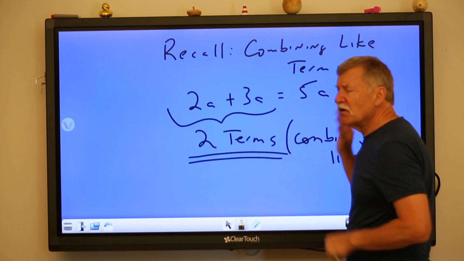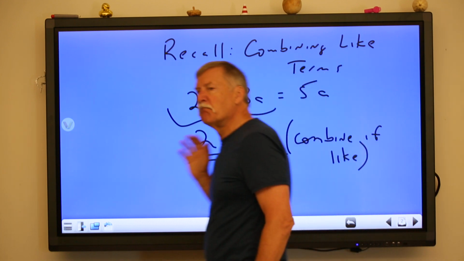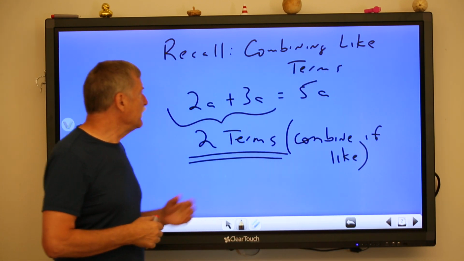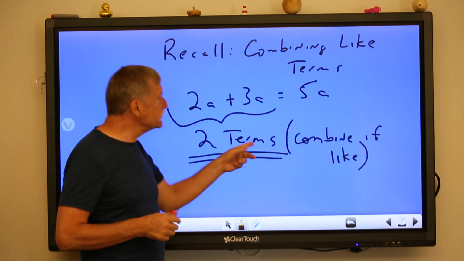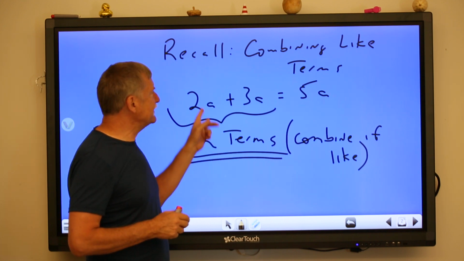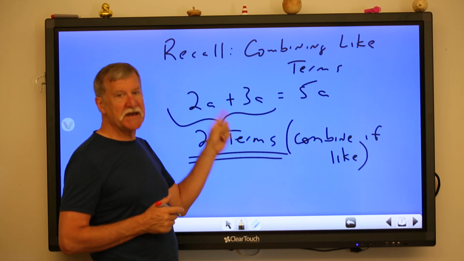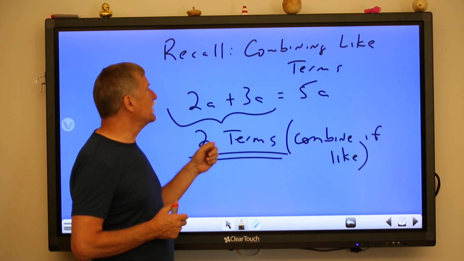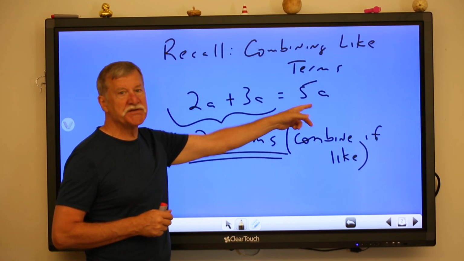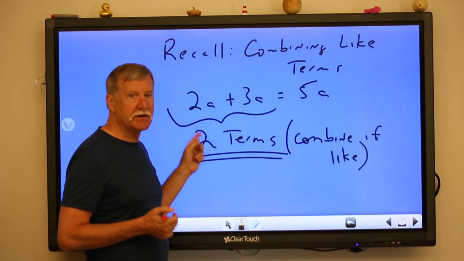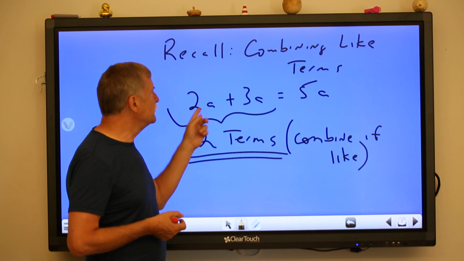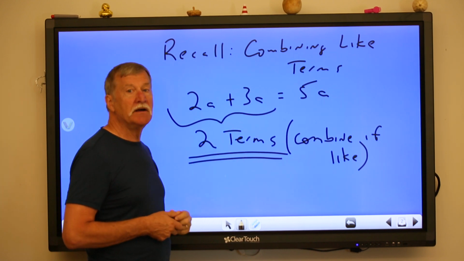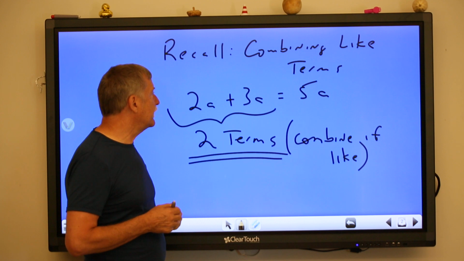All right? So you will recall that when we combined like terms, we had more than one term, right? Two terms. And they had to have the same variable to the same power. And then to combine them, we kept that variable the same and just combined the numerical coefficients. 2 plus 3 of these things, a, 5a, all right?